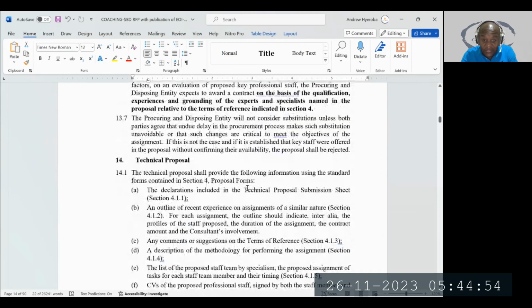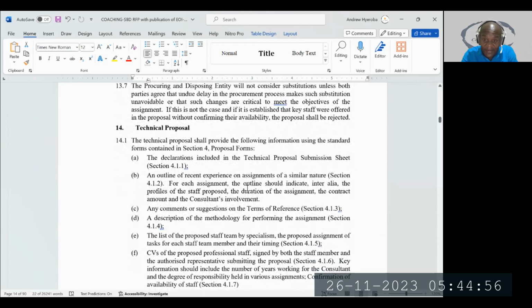Okay, so the technical proposal shall have information captured in the standard forms.